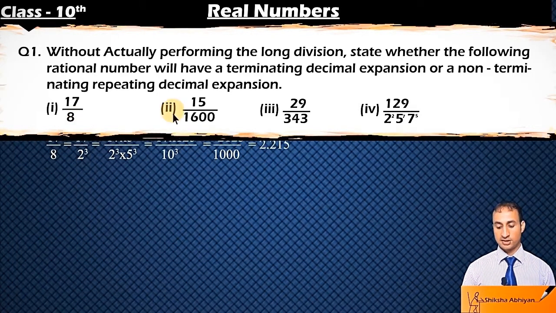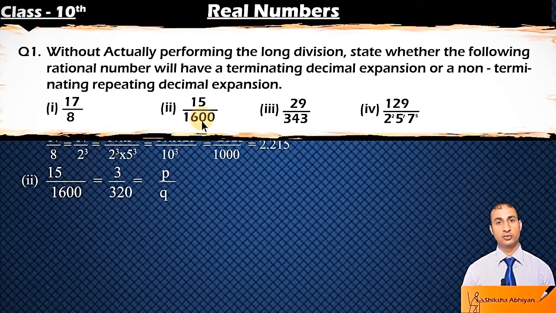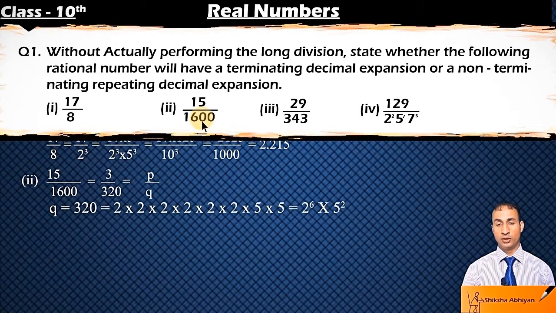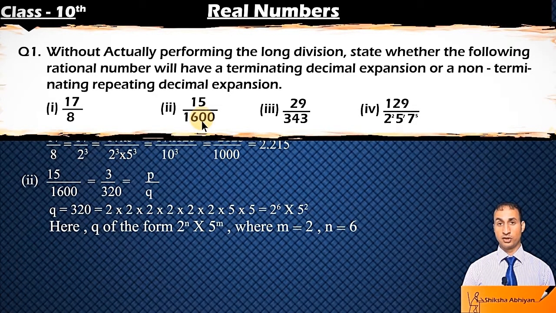Now see, the second part is 15 upon 1600. So let us, we can divide this here, students. After dividing by 5, what will remain? 3 on top, and at the bottom, after dividing by 5, 320. The question will become a little easy. So let it be equal to p by q. Here q is equal to 320. Its prime factorization is 2 into 2 into 2 into 2 into 2 into 2, 6 times 2, into 5, that is 2 to the power 6 into 5. Here q is of form 2 to the power n into 5 to the power m, where n is equal to 6 and m is equal to 1.